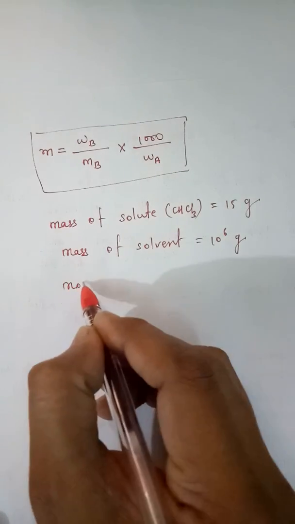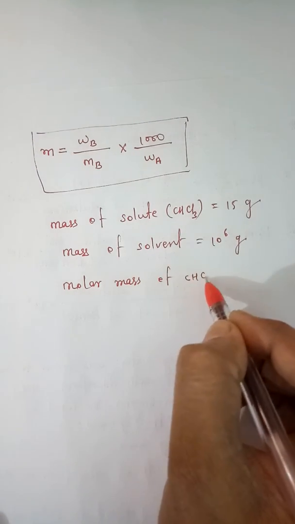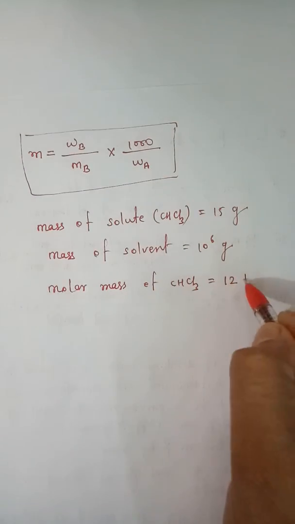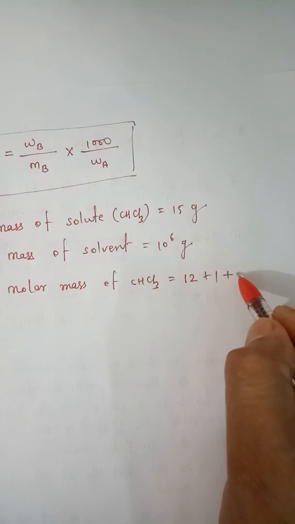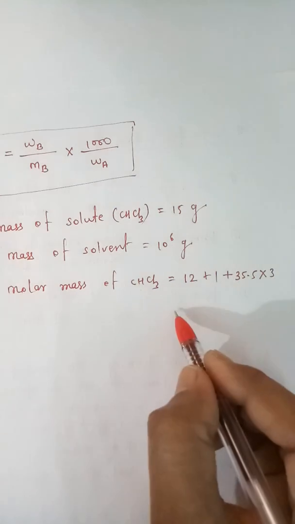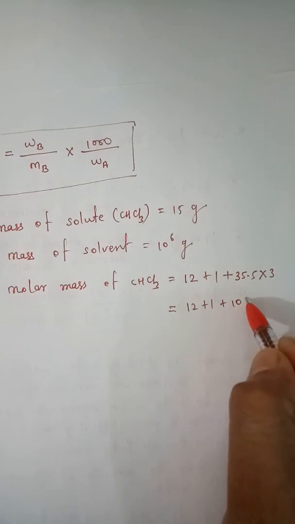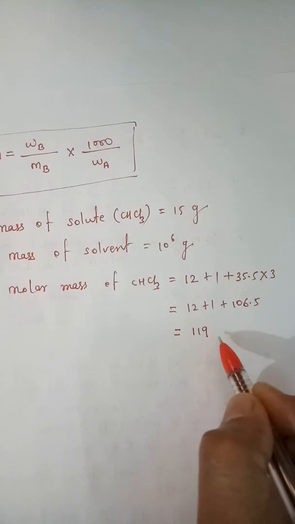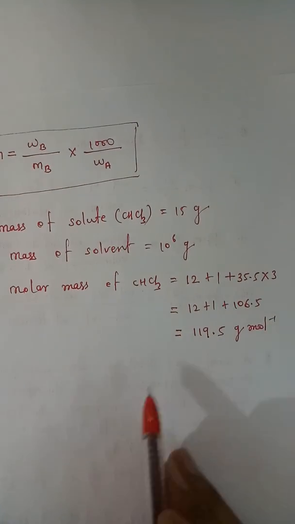The molar mass of chloroform will be: 1 carbon 12, 1 hydrogen 1, and 3 chlorine, with chlorine atomic mass 35.5 multiplied by 3. So 12 plus 1 plus 106.5 will be equal to 119.5 gram per mole. This is the molar mass of chloroform.